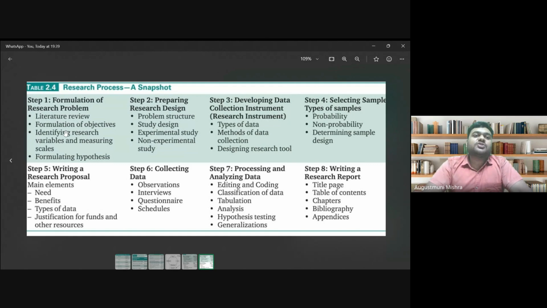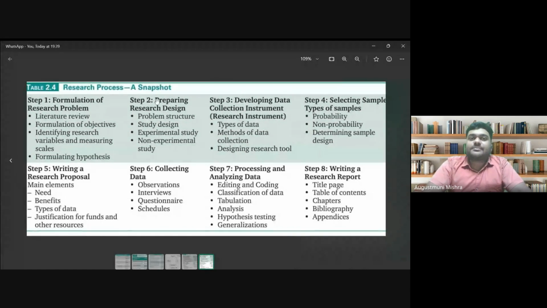So after the literature review, there is the formulation of objectives. Then you identify the research variables and measuring scales. Then at the end, you formulate the hypothesis. So the first step includes all these important things in structured research.